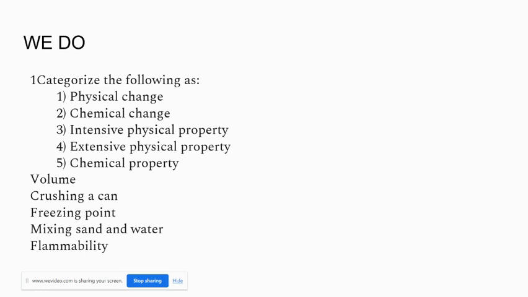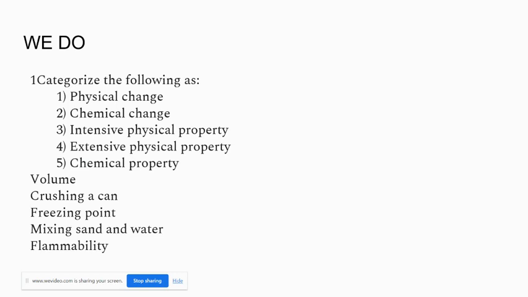If it said something like burning of paper, then that would be a chemical change. All right. Volume. What is that?